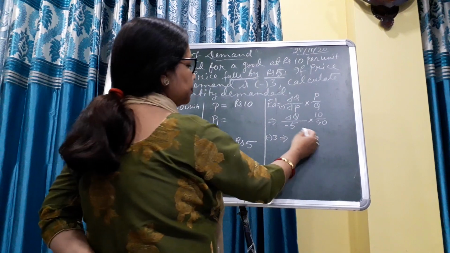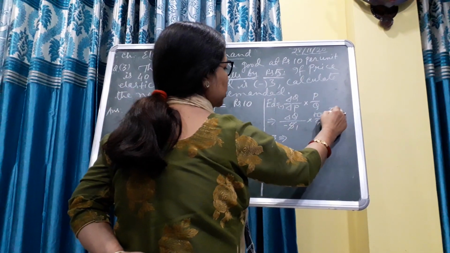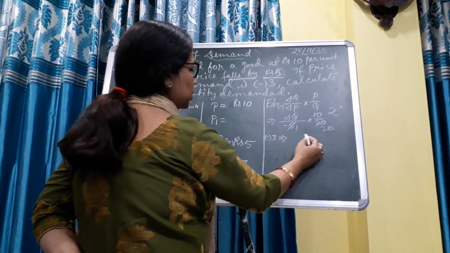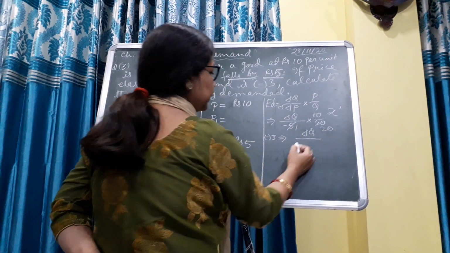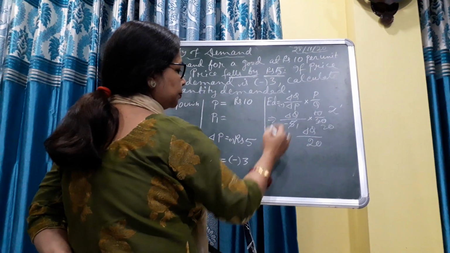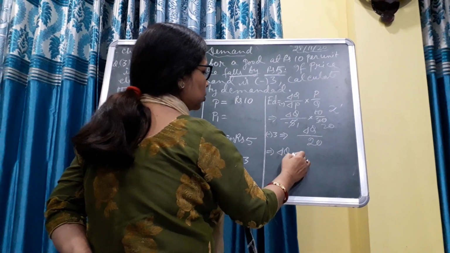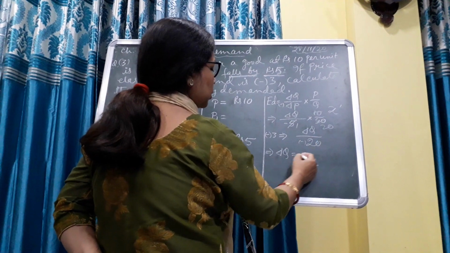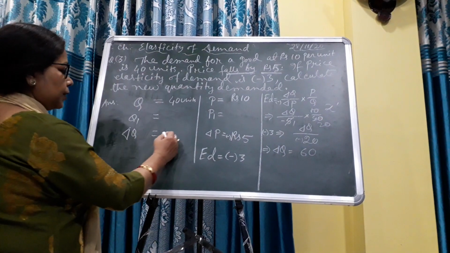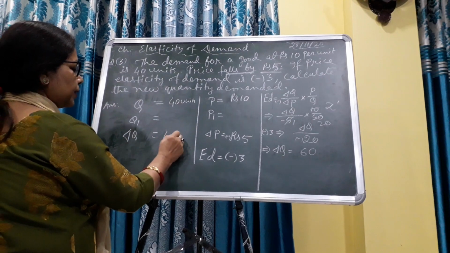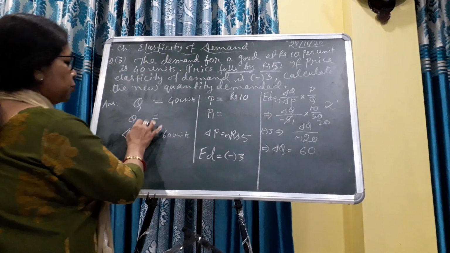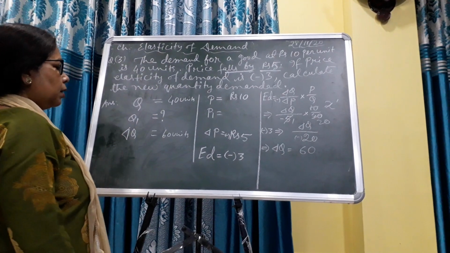So you write delta Q by 20. So delta Q is 60. Delta Q value is 60 units.